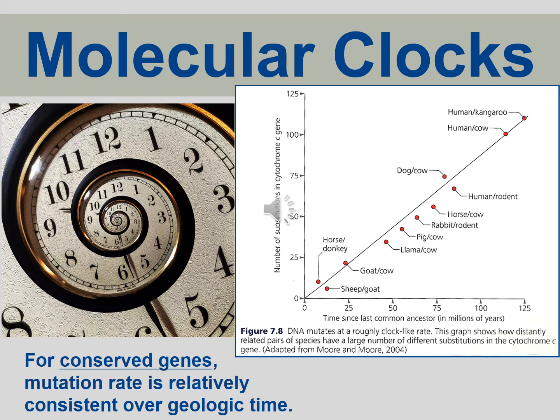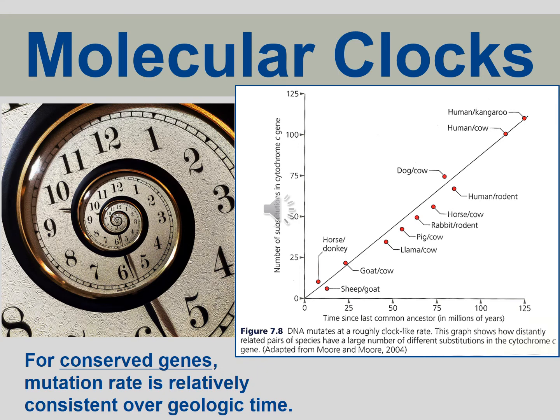And you notice that this graph has 2 axes, X and Y. The x-axis is looking at millions of years, and the y-axis is the number of substitutions. Those are the number of changes that we see between organisms.